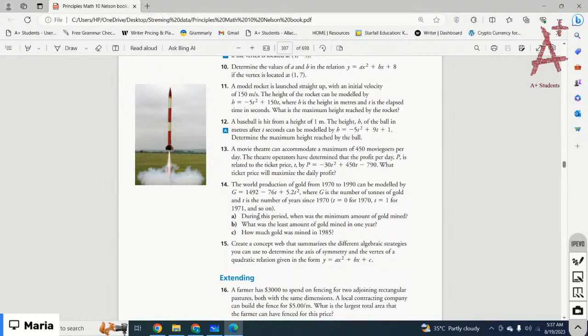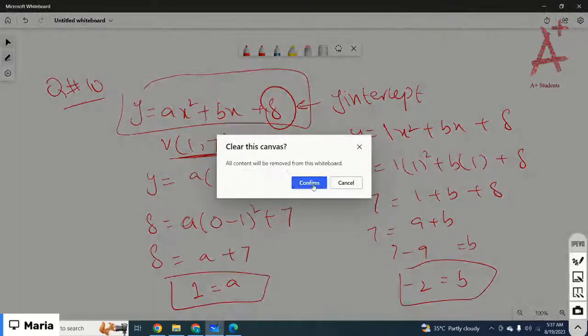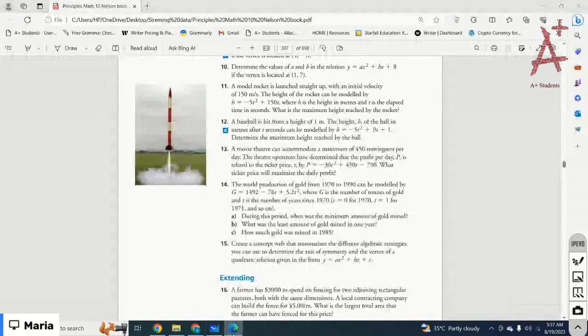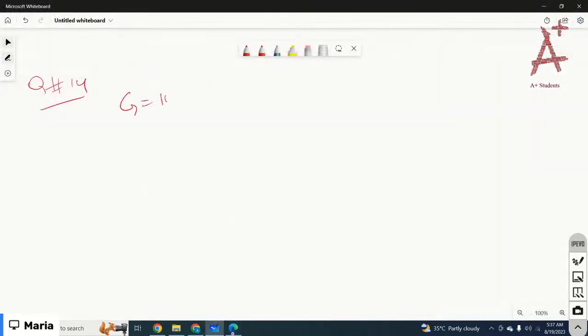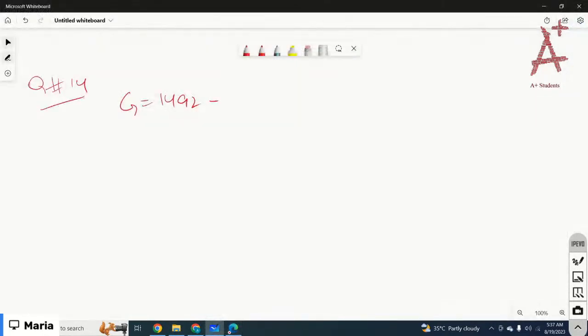Okay, the equation is G equals 1492 minus 76T plus 5.2T square.